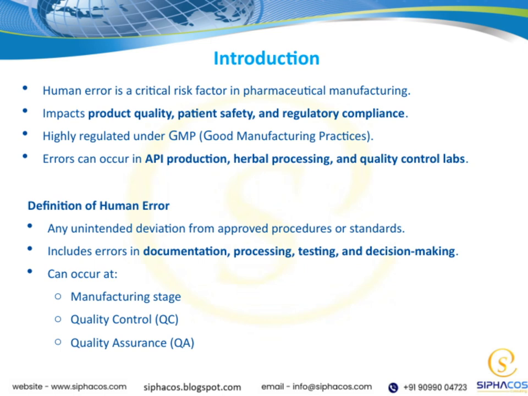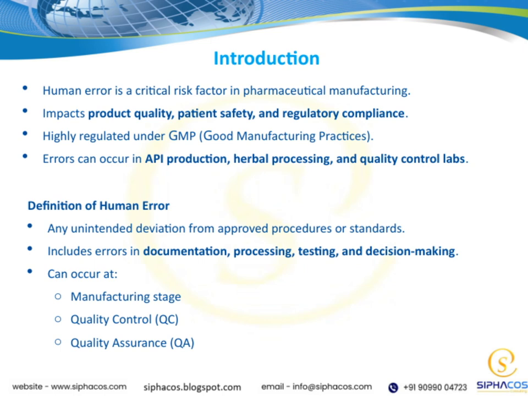This is a critical area because human error is considered a significant risk factor in pharmaceutical manufacturing. It can directly impact the quality of the product, which in turn affects patient safety and regulatory compliance. Because the pharmaceutical industry is highly regulated, especially under Good Manufacturing Practices, or GMP, managing human error is essential to stay within compliance.